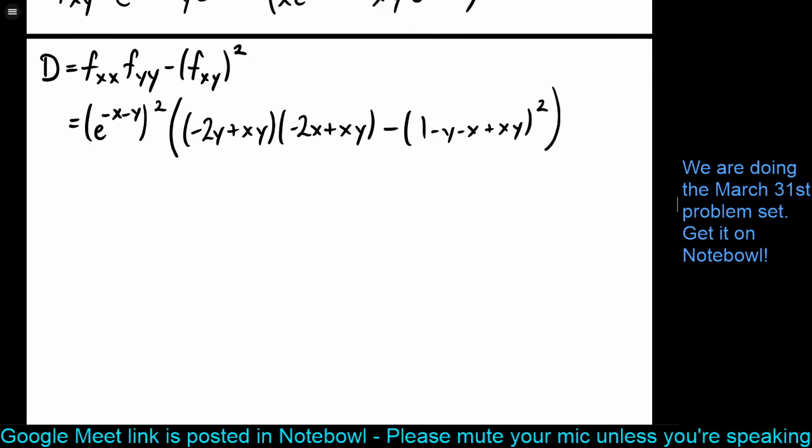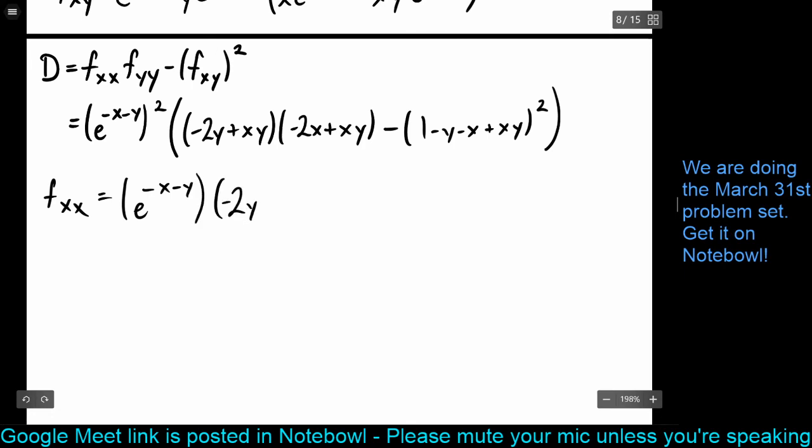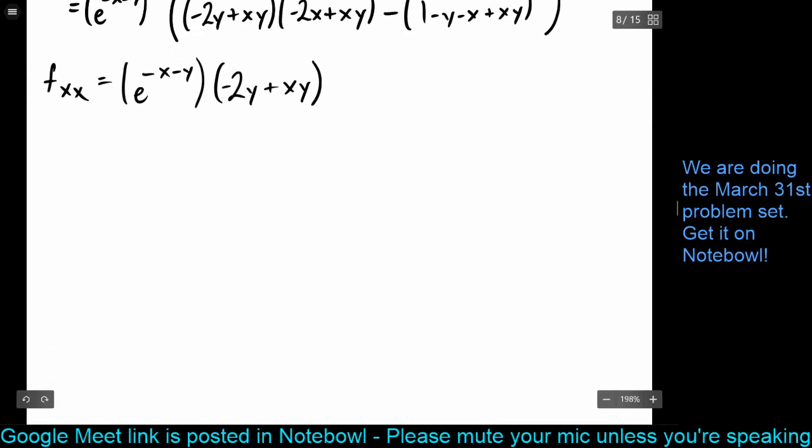All right. So we have our d here. What we want to do, actually, let me just copy fxx real quick since we will need that. And so if we factor out that exponential part, it looks like this. So what we want to do is make a chart.